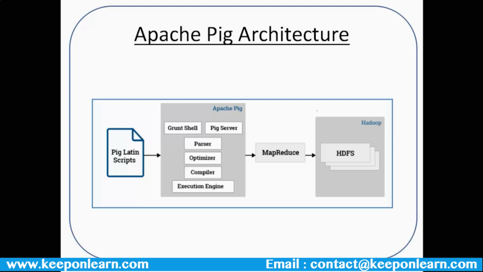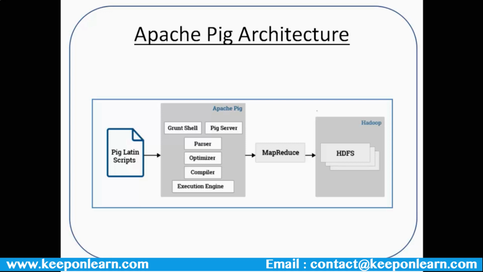The next thing is going to be the execution engine. Once your compiler has divided your Pig scripts and created the MapReduce programs, they will be handed over to the Pig engine. The Pig engine is the one who simply hands it over to Hadoop, which means your resource manager if you're running 2.x, and job tracker if you're running 1.x.